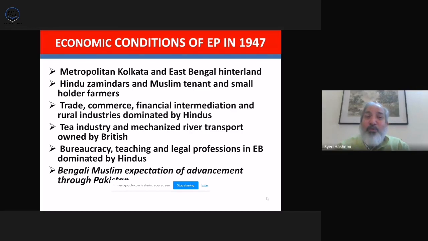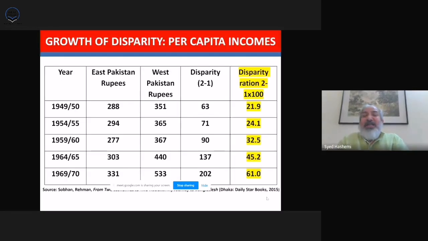So the reason why Muslims voted for Pakistan in the East in 1947 was because the Bengali Muslims expected they would make great advancements through the creation of Pakistan. But let's see what happened. Let's look at the growth of disparity. So we're looking at per capita incomes.